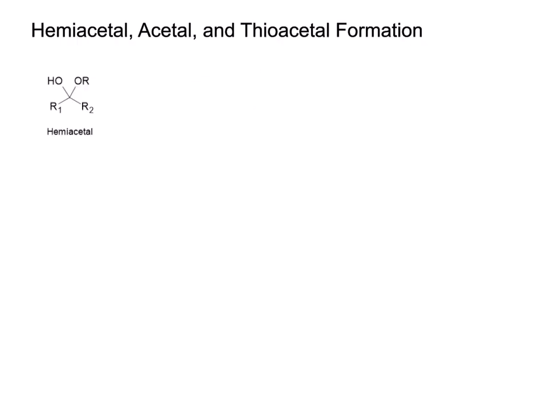For the next several addition reactions, there are some new functional groups that are important to learn and be able to identify. We're going to start with the hemiacetal. And the hemiacetal is what happens when we do an addition to an aldehyde or a ketone with some OR group that came from an alcohol. So notice the carbon is now bonded to an OH group and an OR group.